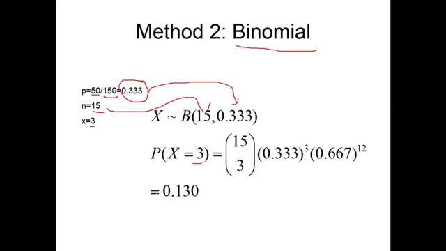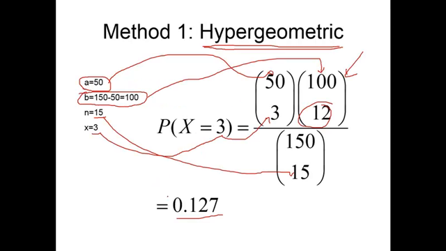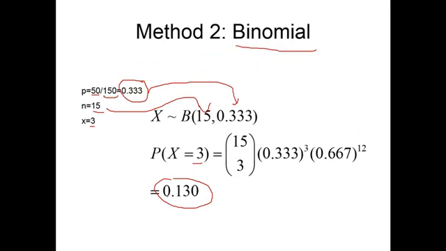And so what have we got here? The number is 0.13, so 13%. Previously it was 0.127. If you're going to round it off to the nearest percent, these answers are the same. If it bothers you to be off between 12.7% and 13%, okay, this is going to be a problem.